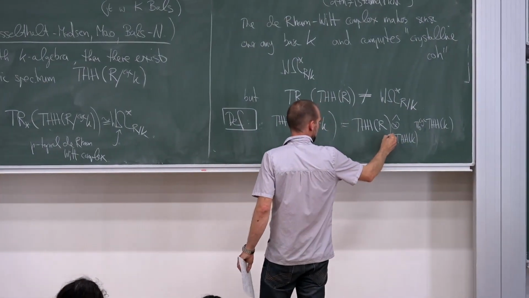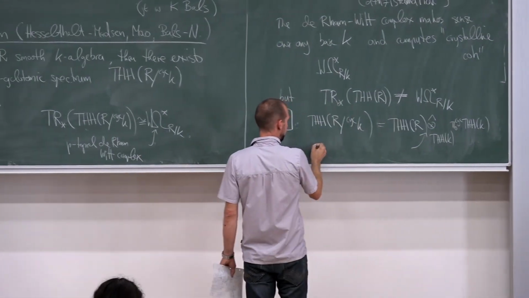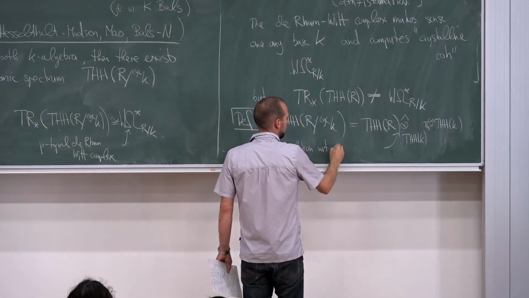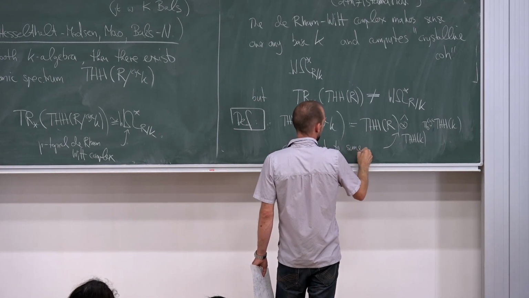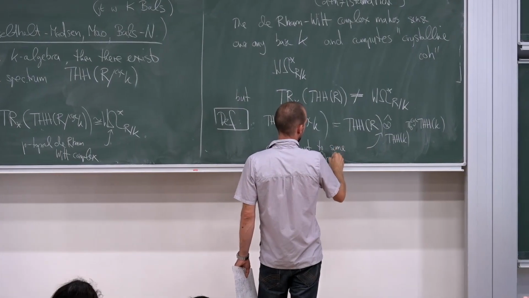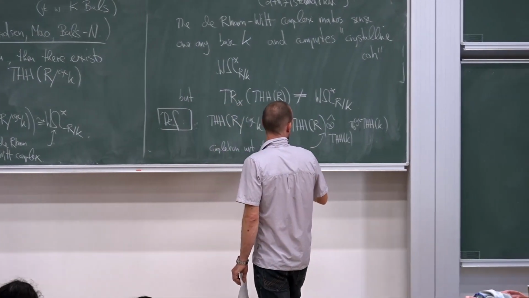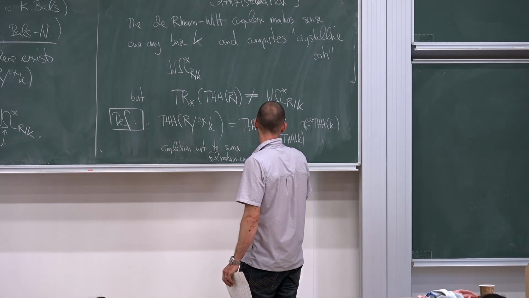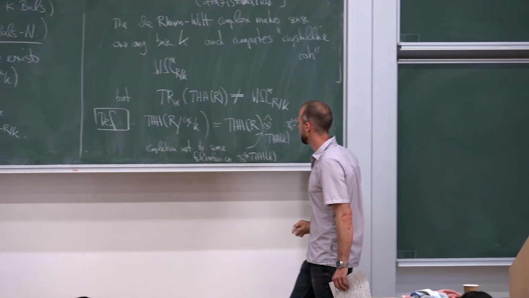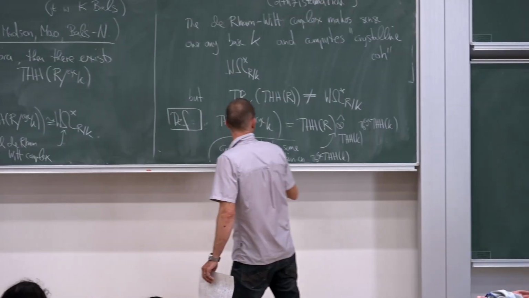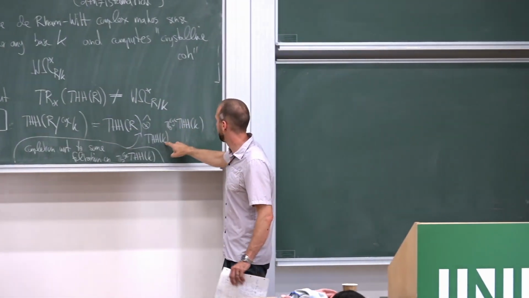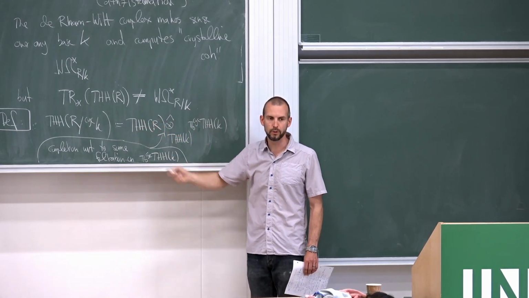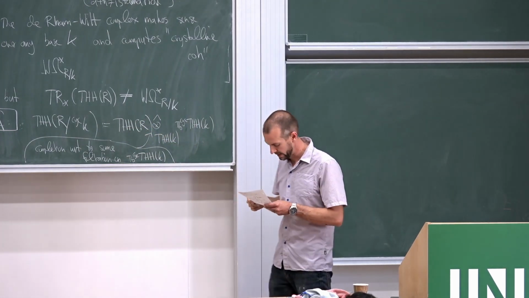So this is kind of a certain completion. This hat is a completion with respect to some filtration on pi naught cyclotomic THH K. So we'll in a second explain that there's a filtration here, and this induces a filtration on the whole thing, and then I'm going to complete with respect to that filtration.